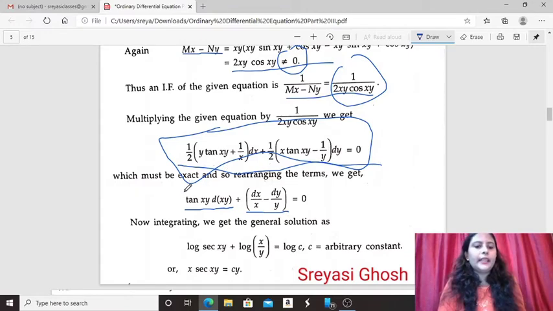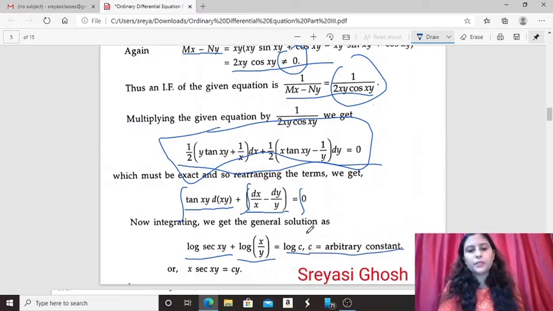Simply taking integration on all sides, we get the general solution as log of sec xy plus log x by y equal to log c, where definitely c is an arbitrary constant. We cannot miss out on this particular statement that c is an arbitrary constant.